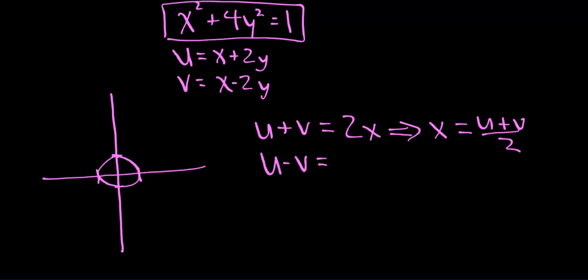You're going to have x plus 2y minus x plus 2y, so this is going to be 4y, isn't it? And that would give you y is equal to u minus v over 4. See that? This is just to show you how these transformations can work.